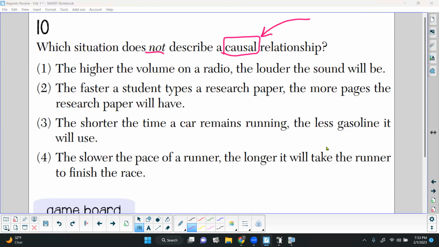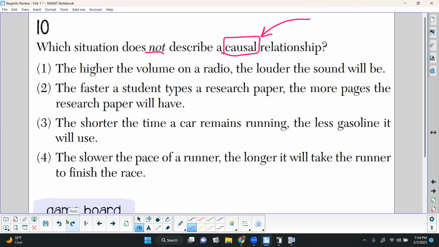Causal means to cause. So to be causal means this situation causes that situation to happen. So I'm going to read through these choices here. Thank you for chatting me your responses. The higher the volume on a radio, the louder the sound will be. So as a student, you can kind of put this word here, causal, into the sentence.